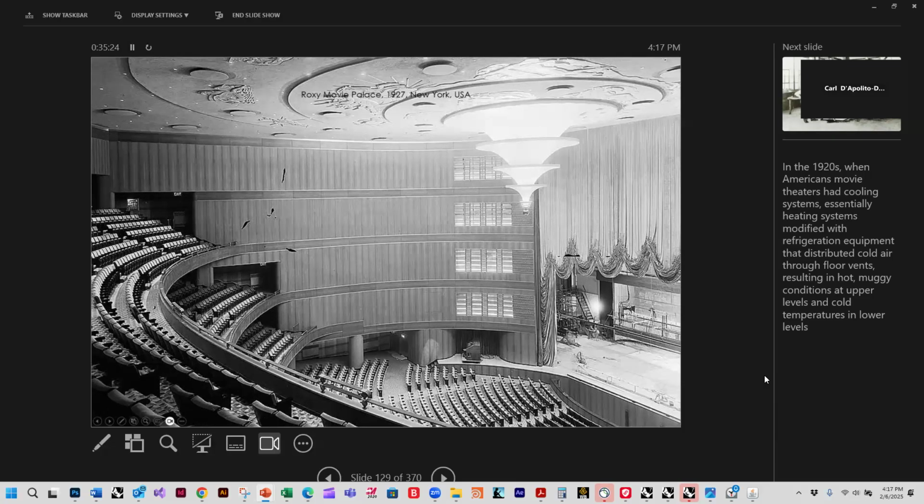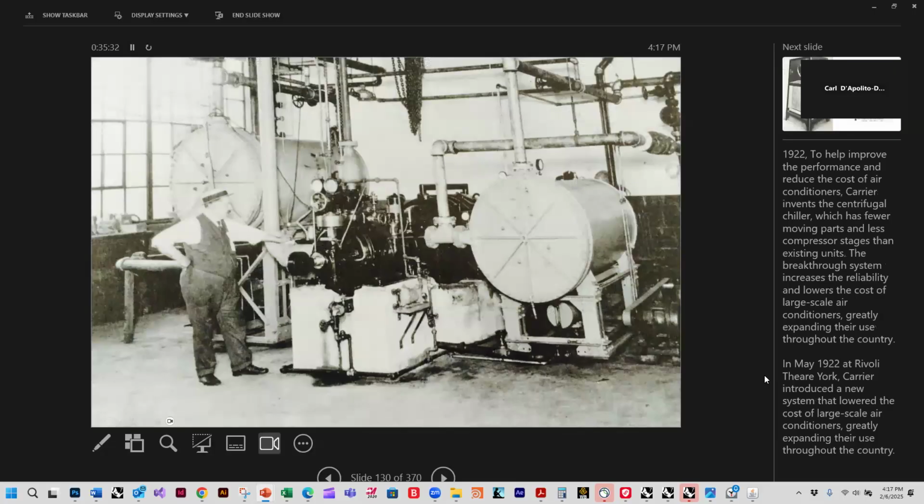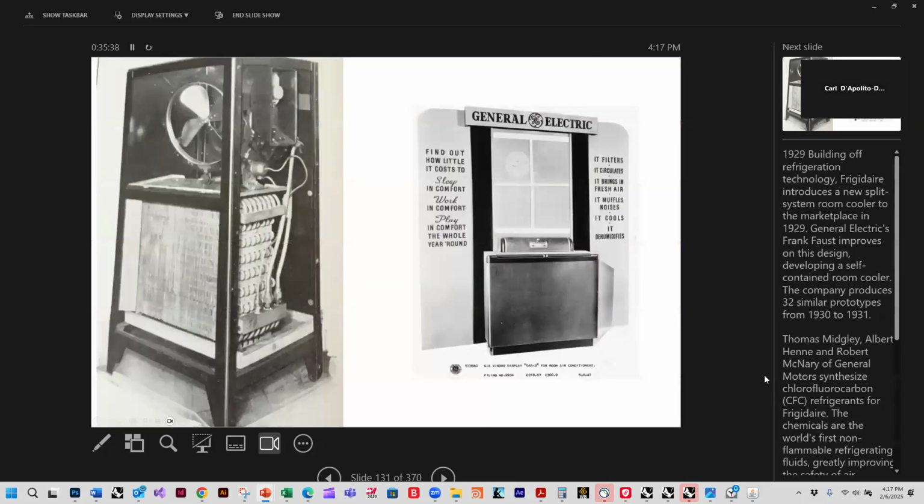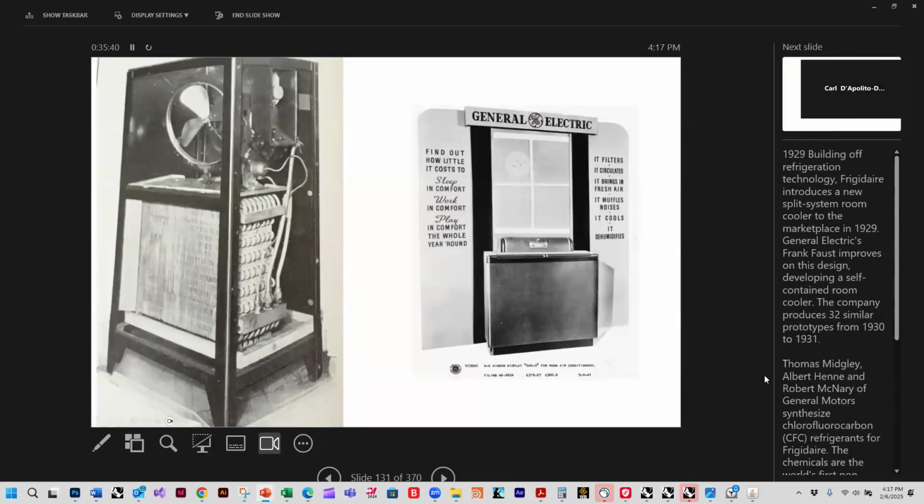Actually, they would put it in the bottom. Everyone in the bottom would be freezing, and everyone in the top would be very hot. And then there were more inventions. So in 1922, they made this machine, which made it much cheaper. And then in 1929, they made the first home one, which is that.